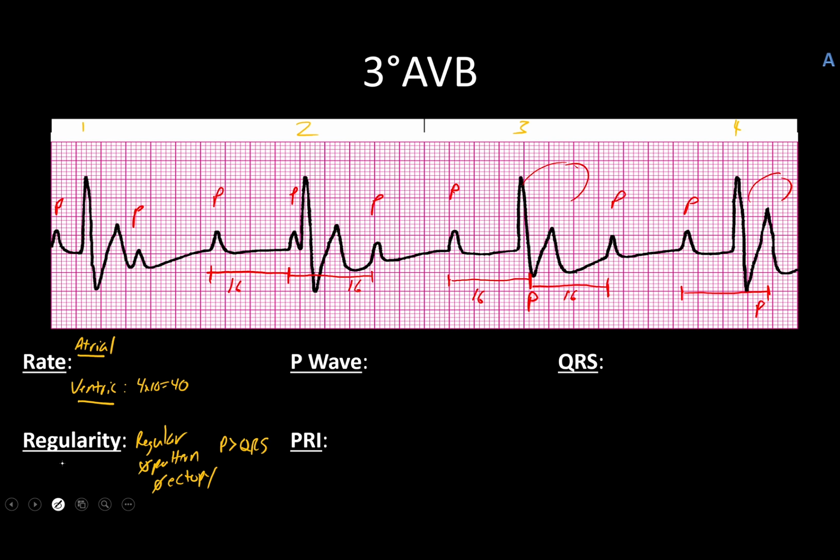But regardless, there's 16 in between. So we do 10 times 10 equals 100. And that gives me, let's see, just under 93 and change, 94 actually.